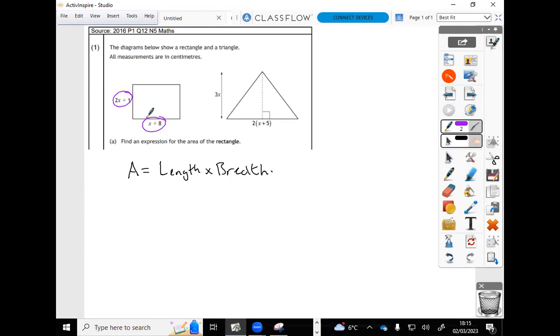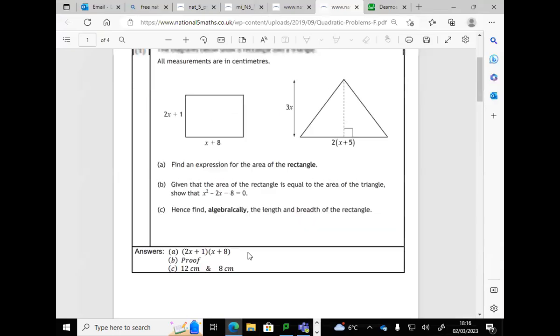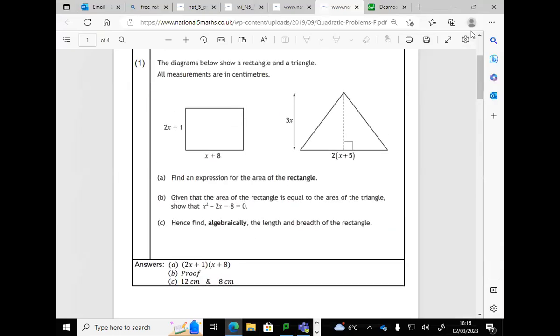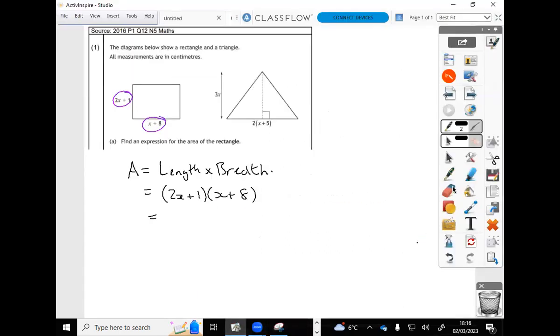So we're just putting that together, and once you put that together, it's in a format we're sort of used to. Just double check the answer. Yep, and that's the answer. That is literally it. That's all they're looking for you to do for that first part.